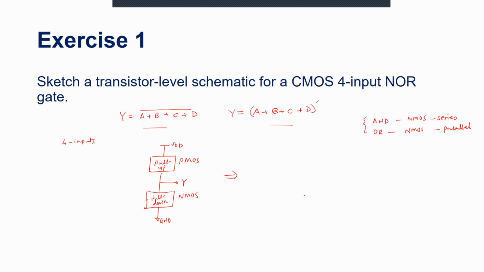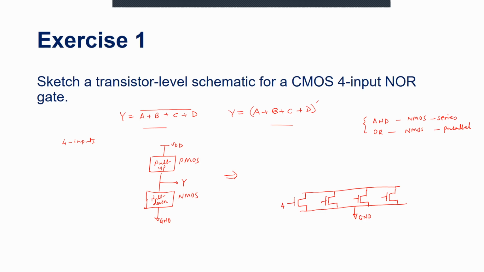So we start with 4 transistors because we have 4 inputs, and they're all connected in parallel. Here in the bottom, we have logic 0, and they are connected in parallel, and their gates represent the corresponding inputs.